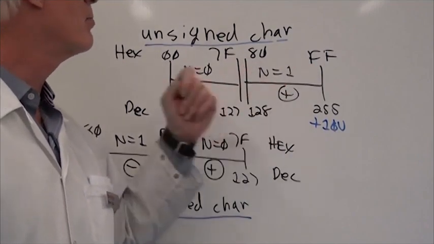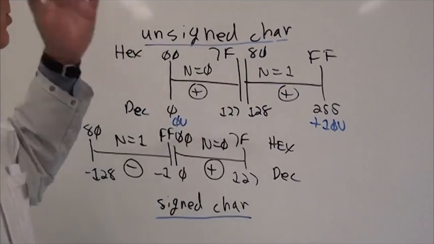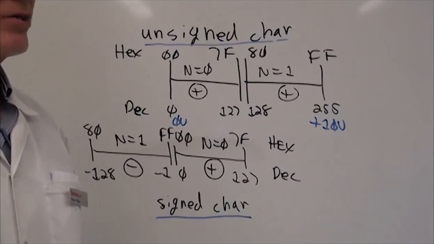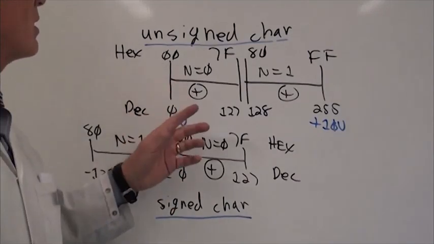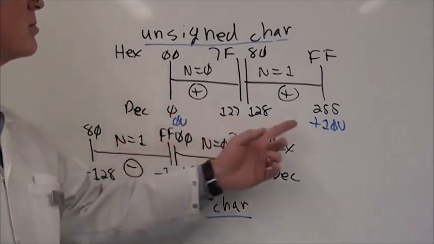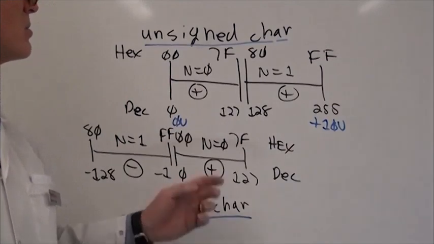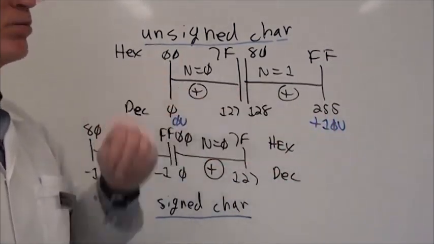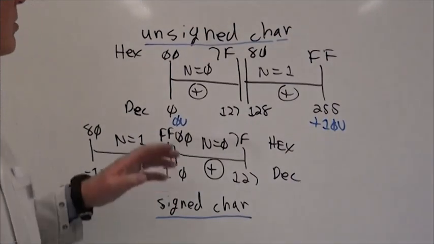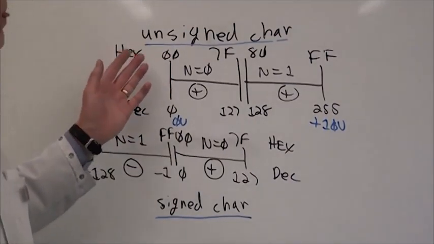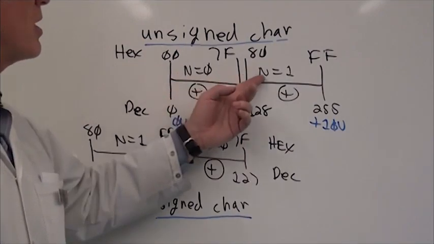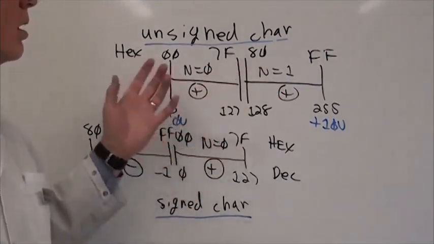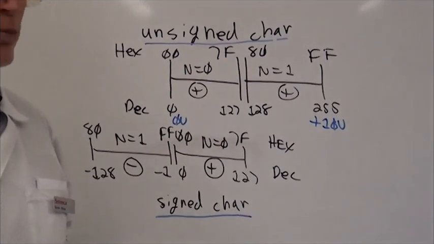All of these numbers have the most significant bit 1. But when you're talking unsigned, all of these numbers are considered to be positive, and there are no negatives. So you go 0 to 255 decimal, which is 256 numbers, all positive. So one of the things you're going to see about unsigned char is that for the most significant bit, the N bit, it doesn't matter whether it's a 0 or a 1, all of these decimal equivalents are positive.